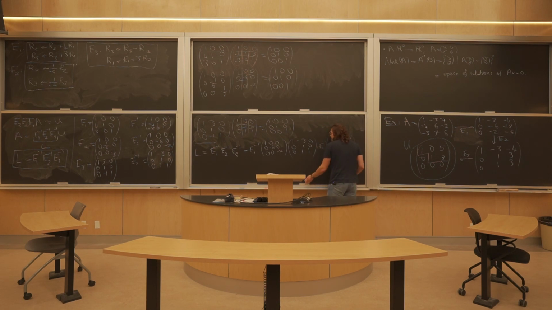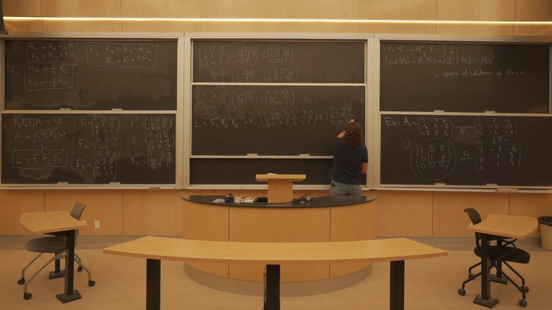And then when I multiply this matrix as well, now I have this. This 1 minus 3, 0, 0, minus 6, 0, 0, 0, minus 2.